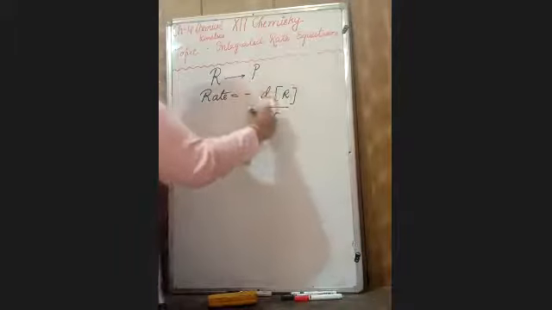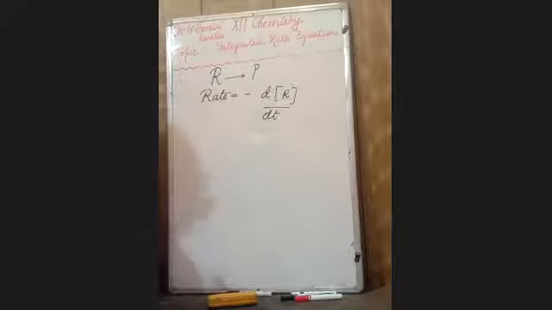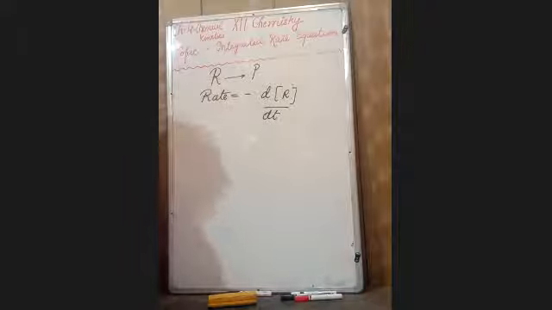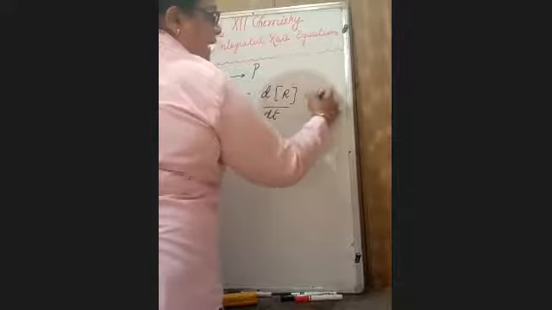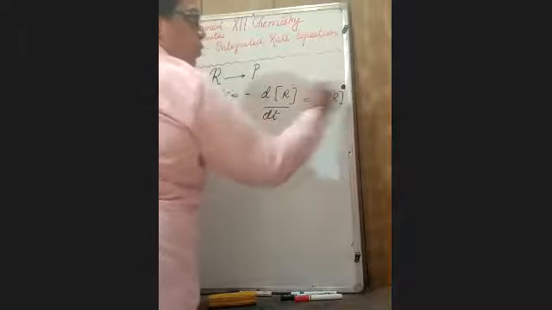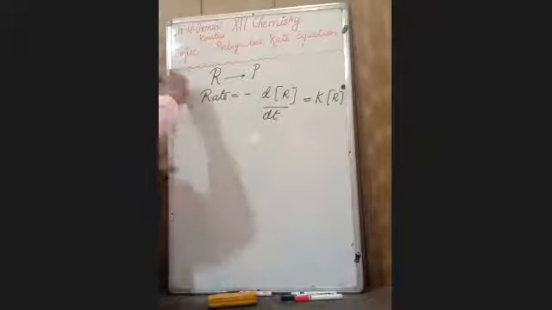This is the differential rate equation. In terms of concentration of reactant, it is equal to what? k R power 0, because it is a zero order reaction.